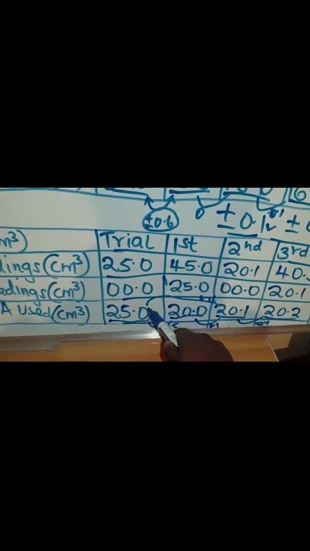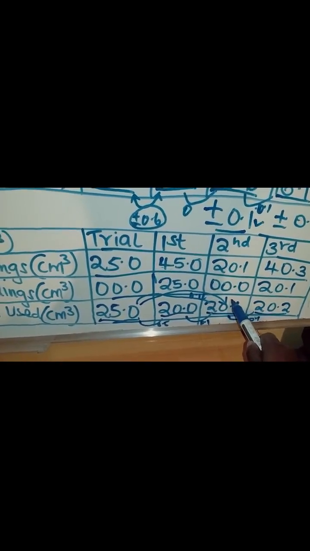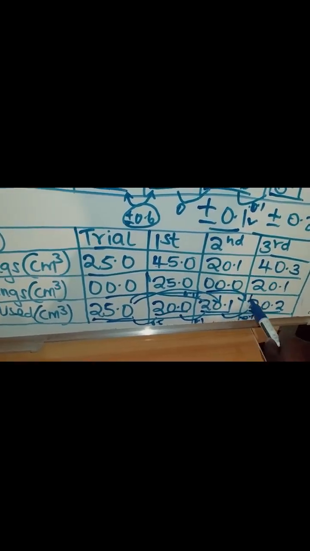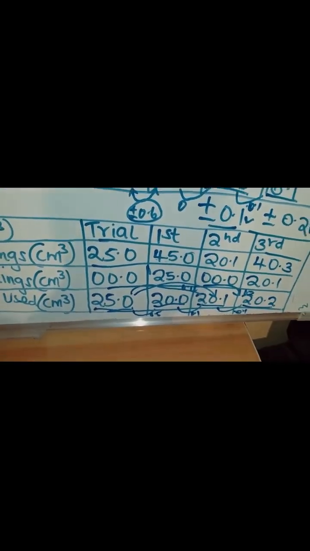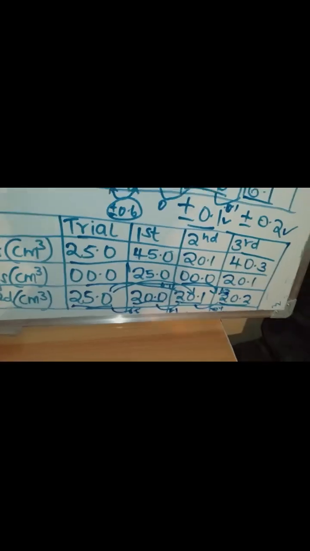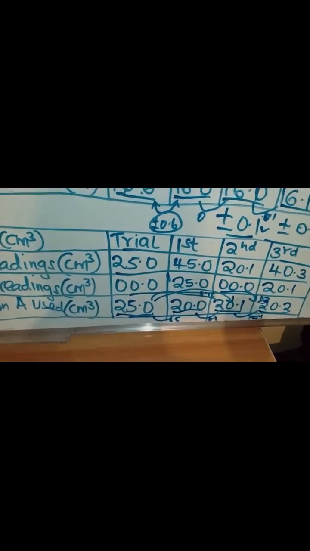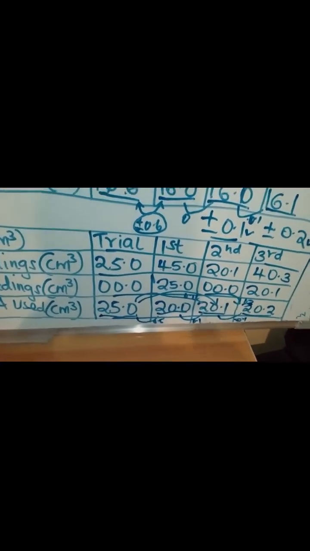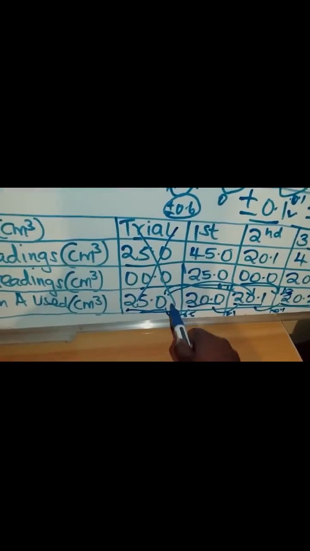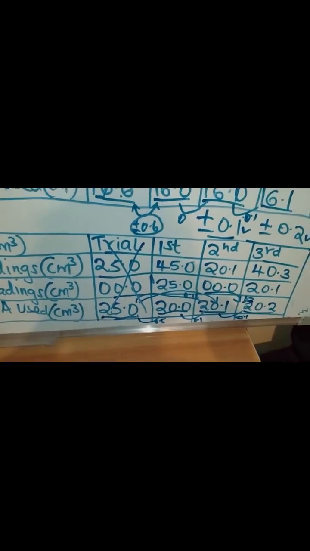If you try the first one with the third, the difference is 0.2. So, not 2 but 3, sorry. If you consider such values, then again you ignore the first one.